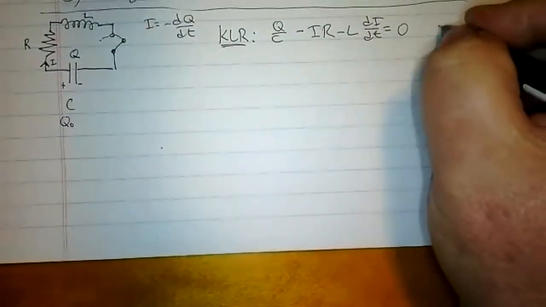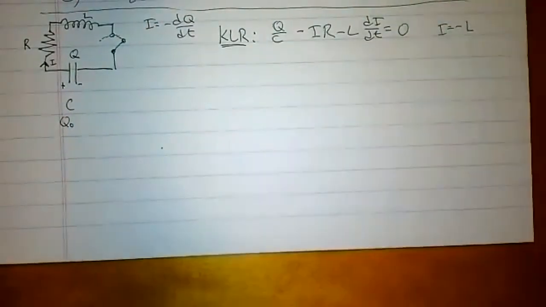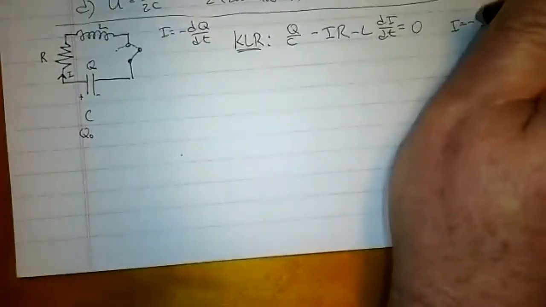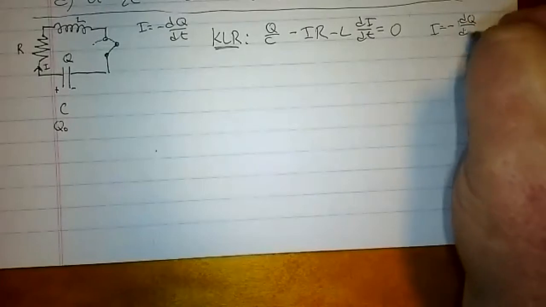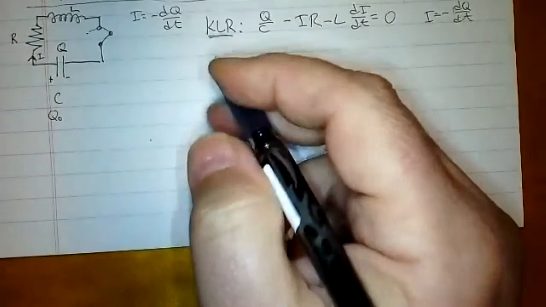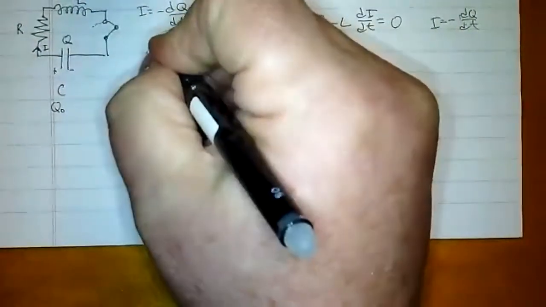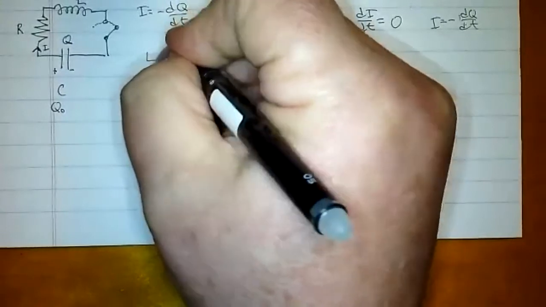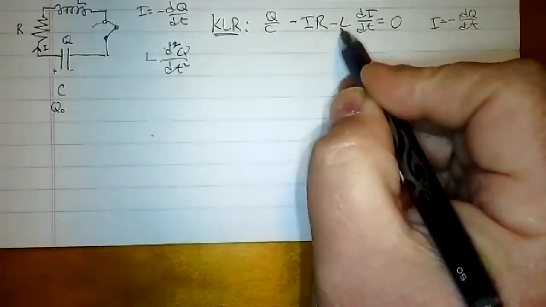Now, remember, I is equal to negative dq dt. So we can now rewrite this as L times d2q over dt squared. Notice the sign changed.